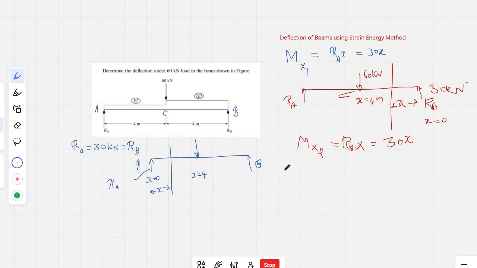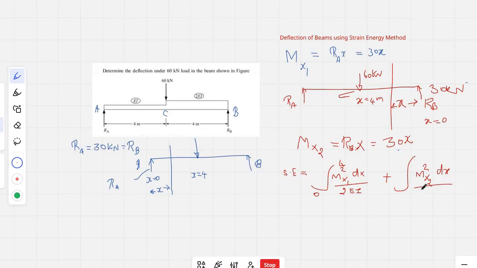Now finally the strain energy stored is equal to integral of Mx1 square dx by 2EI from 0 to 4, plus integral of Mx2 square dx by 2E times 2I.